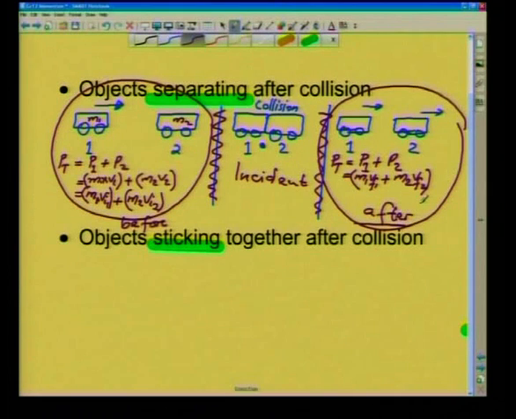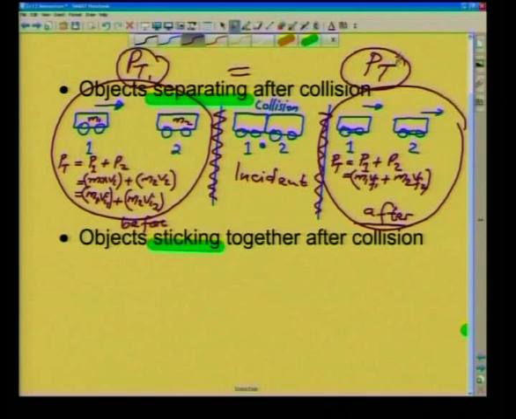Now the principle of conservation of momentum says the total momentum here is equal to total momentum there. So momentum in the first situation equals total momentum in the second situation. What does it mean in terms of our formulas?